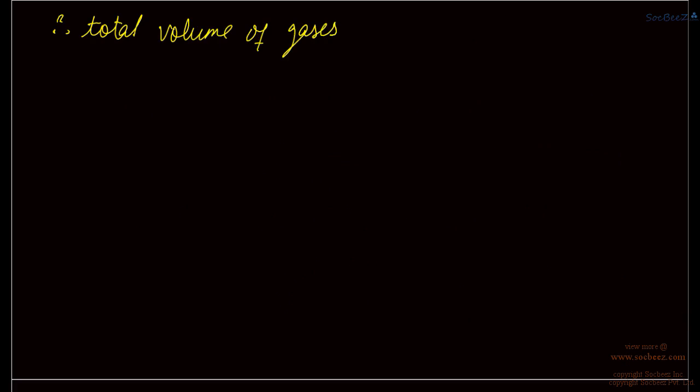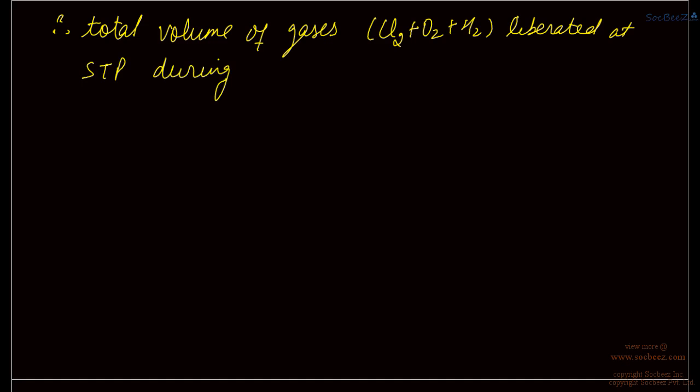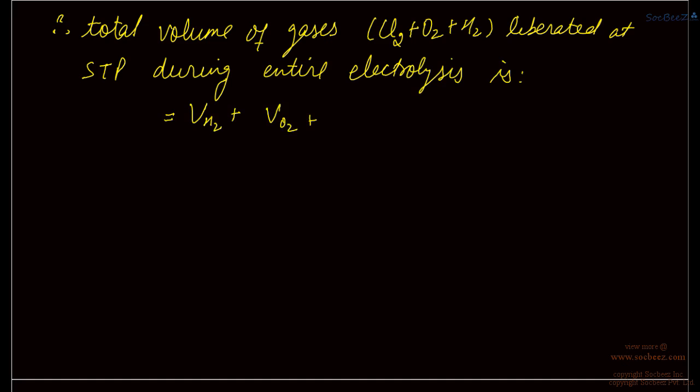So therefore the total volume of gases Cl2 plus O2 plus H2 liberated at STP during entire electrolysis is volume of H2 plus volume of O2 plus volume of Cl2.